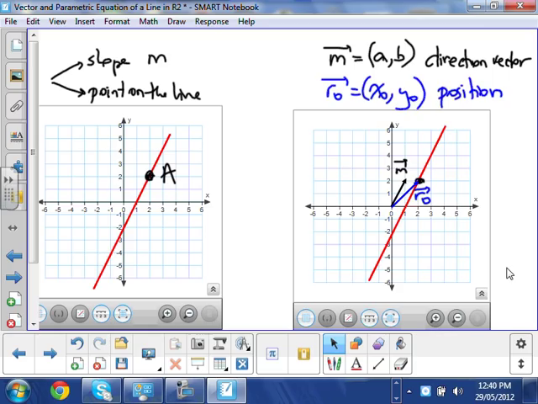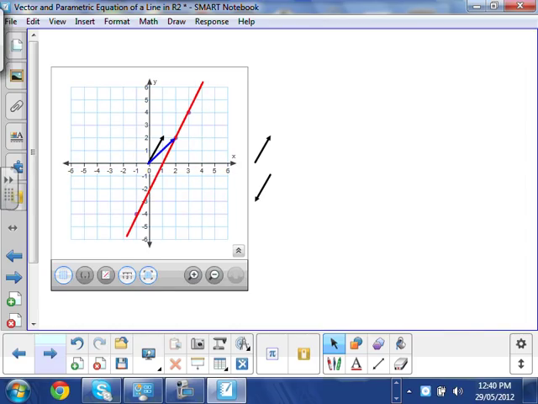But before I come back to that, let's do this in a special case. I have here the same red line as before. Let's see what's given here. I'm giving you a direction vector, the one that you see there.